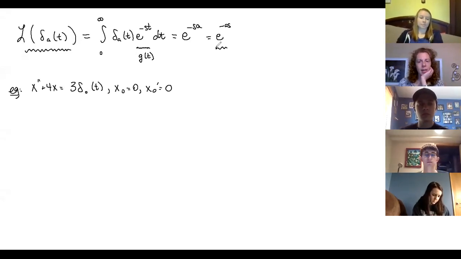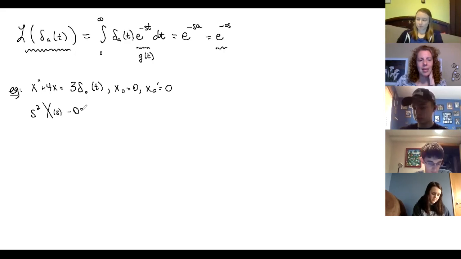X naught is 0 and x naught prime is 0, and we want to solve. So Laplace transforms. S squared, capital X of s, minus 0s minus 0. I'm going to stop writing those in just a second, but it's been a little while since we've done a differential equation, so it's good to put those back in, plus 4 capital X of S.